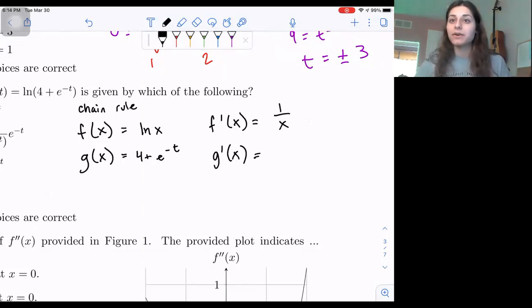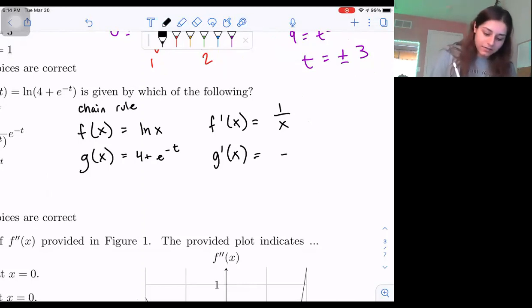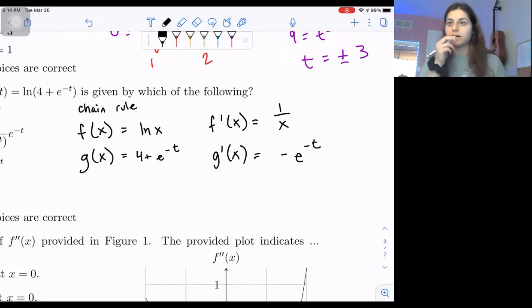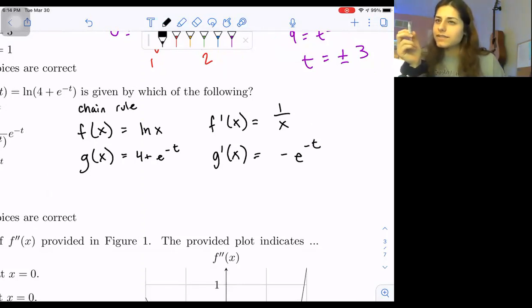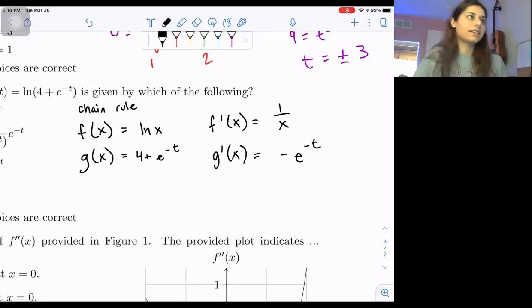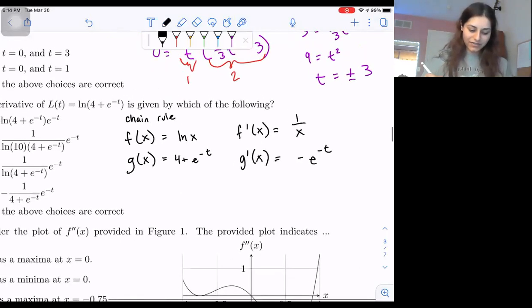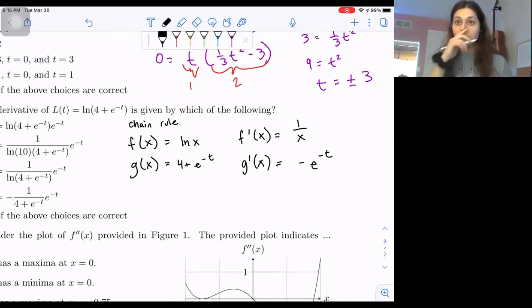Derivative of e to the power of -t is -e to the power of -t. If you guys are confused, I think I just did the derivative of -t was -1, and that gets multiplied by the whole thing. You guys probably know those rules better than I do.